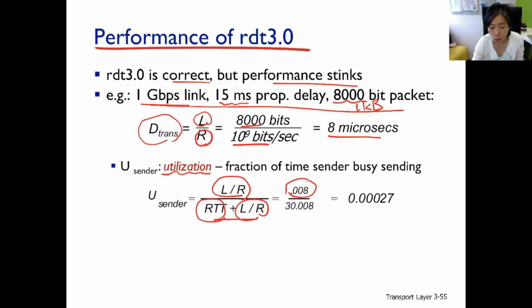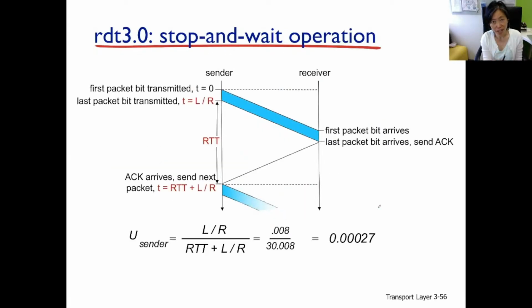So that's one round trip time plus the packet transmission time, 30.008 milliseconds. So the overall utilization on this link is very, very low, 0.00027, too many zeros.